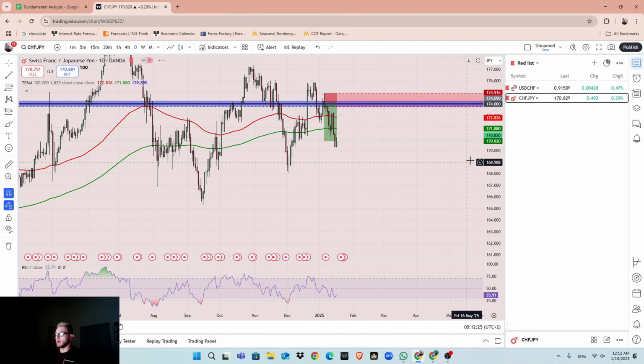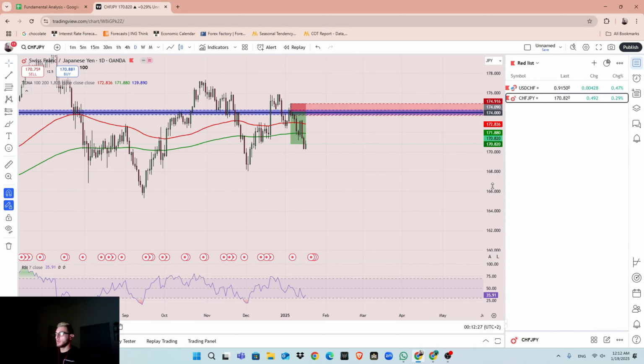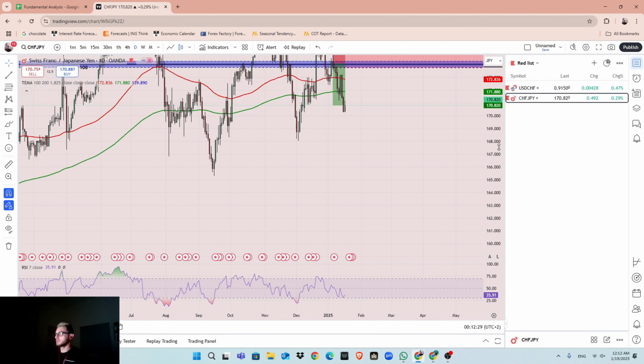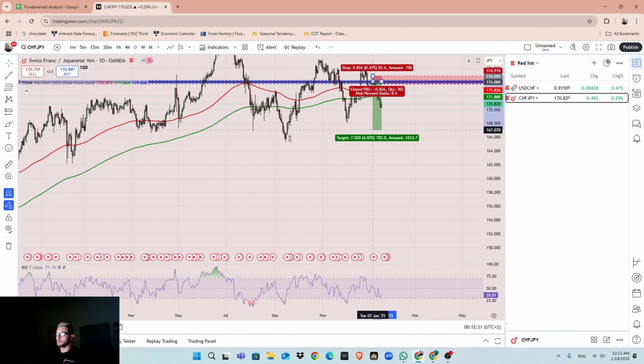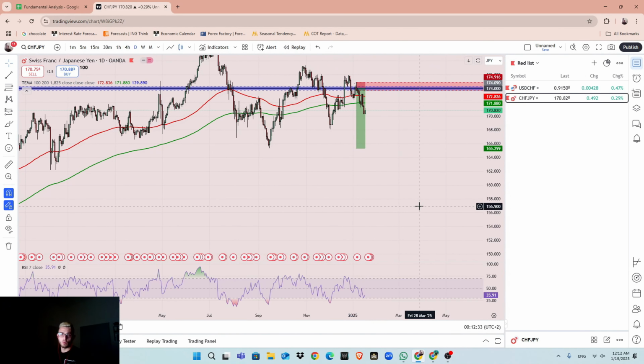And from a fundamental perspective, there is a huge opportunity for prices to keep going lower. Why? Because the Bank of Japan is looking to hike interest rate, and data is coming very powerfully for the Bank of Japan, which is helping the currency to get stronger and stronger.